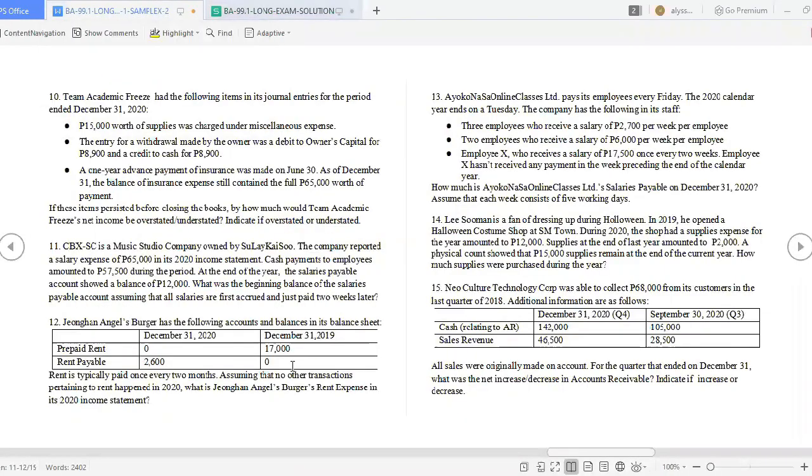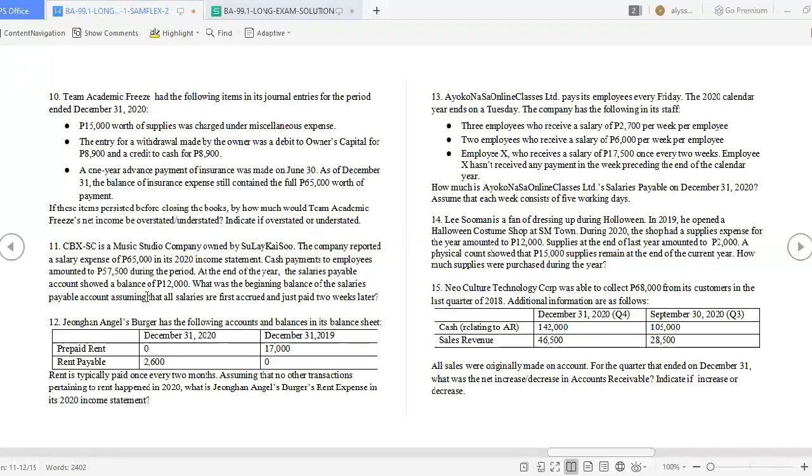Next, let's go to number 12. So Zhonghan Angels Burger has the following accounts and balance. So we have your prepaid rent, December 31, 2019 and 2020. Same with rent payable, 2019, 2020. So rent is typically paid once every 2 months. So that's every 2 months, 6 times a year.